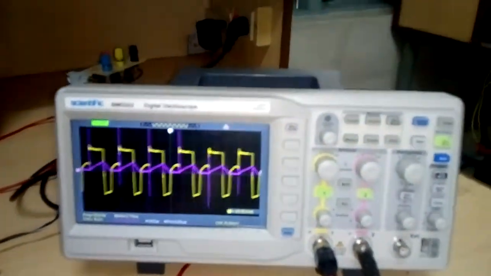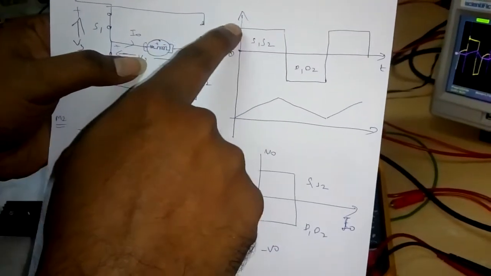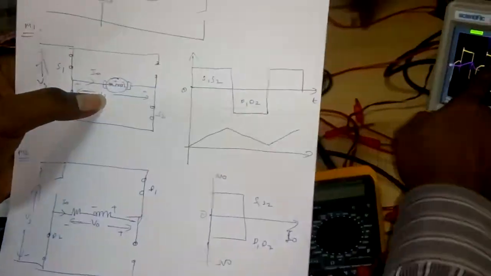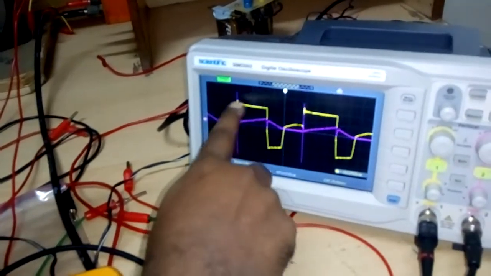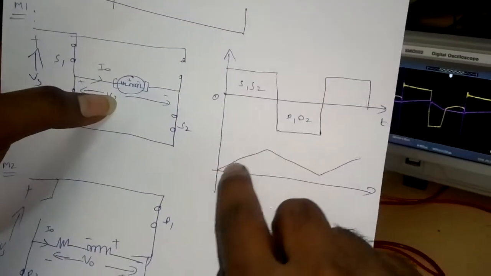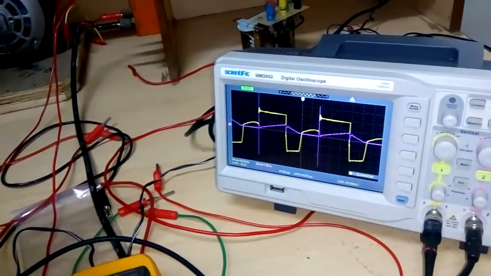So now I said that firstly when S1 and S2 are turned on, what happens? We get positive output voltage. If you see clearly here, when S1 and S2 are turned on, positive output voltage. At that time, what is the current? The current is increasing in nature.